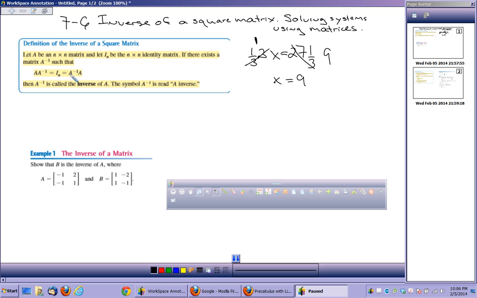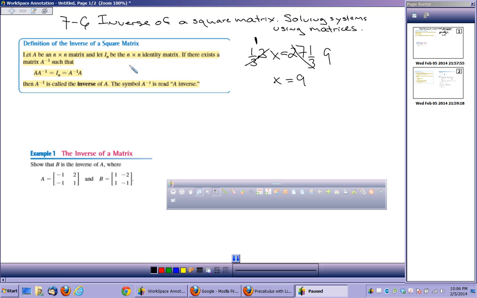So if I multiply the inverse times the original matrix, I get the identity matrix, or if I multiply the matrix times the inverse, I also get the identity matrix. Then A to the -1, A inverse, is called the inverse of A.